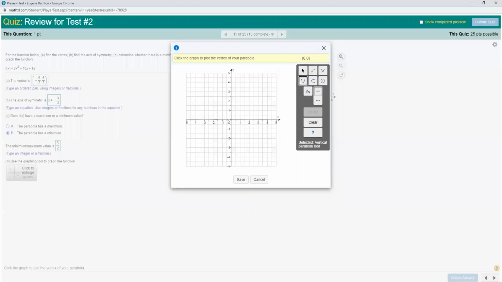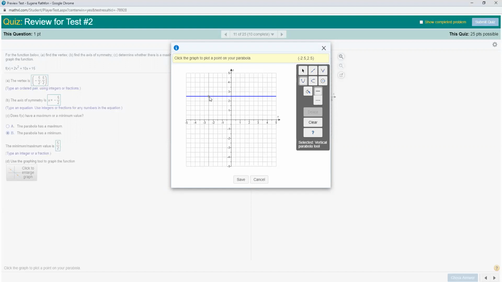So 1, 2, 3, 4, 5. That's going to put me at negative 2.5, which is negative 5 halves. And then up 5 halves. So 1, 2, 3, 4, 5. And then click. Since this is broken into halves, I only need to go by the top number to go left and right.